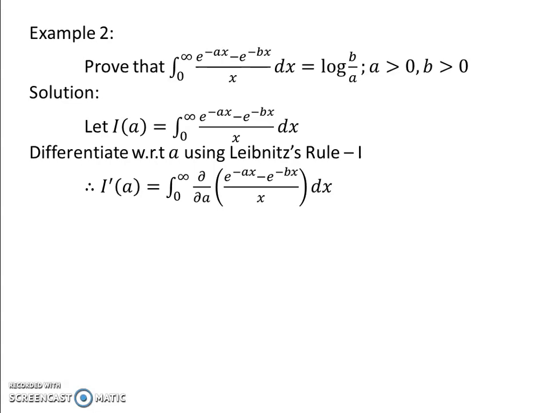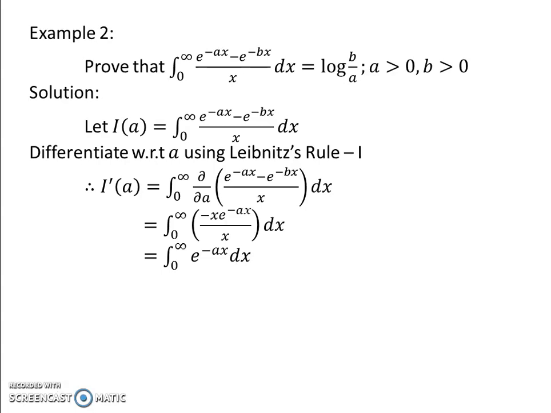Again, x and b are constant with respect to a, so the second term's derivative will be 0. The derivative of e raised to minus ax with respect to a will be e raised to minus ax into minus x. So x is cancelled and we get integration 0 to infinity e raised to minus ax into minus 1.